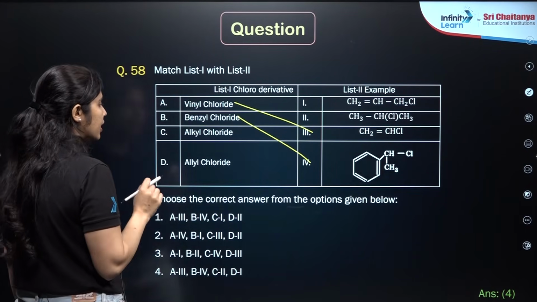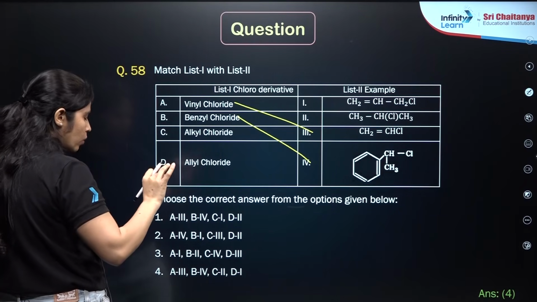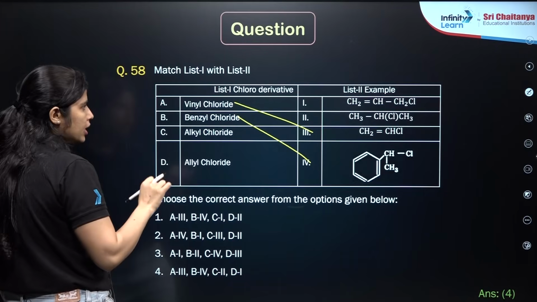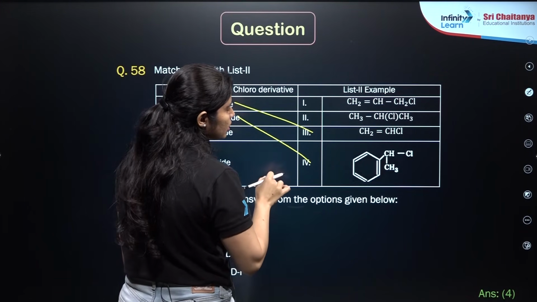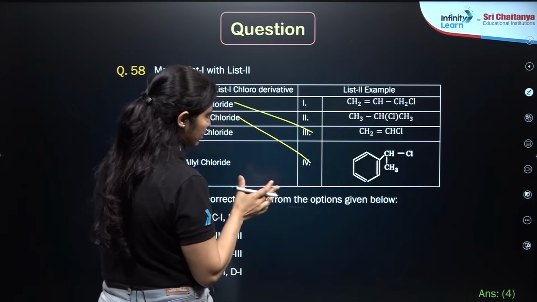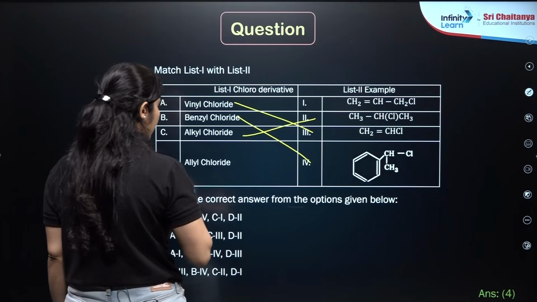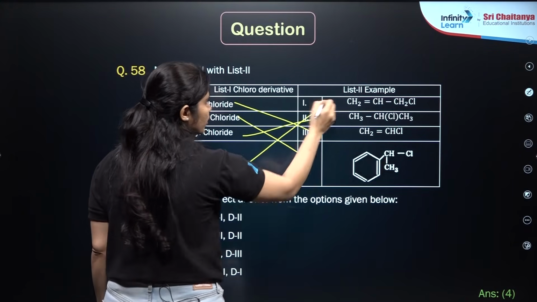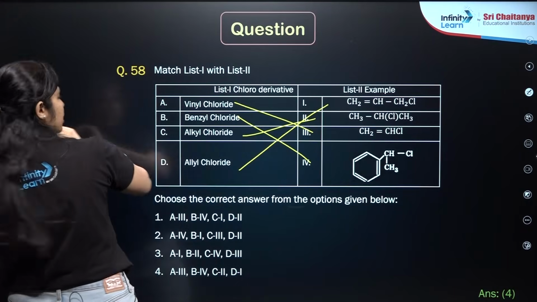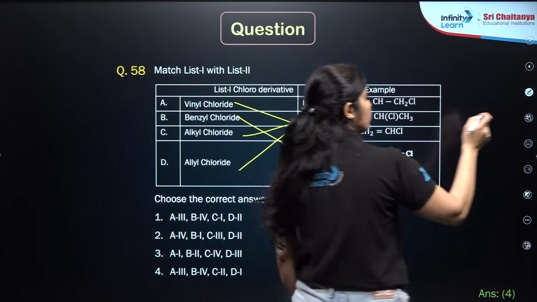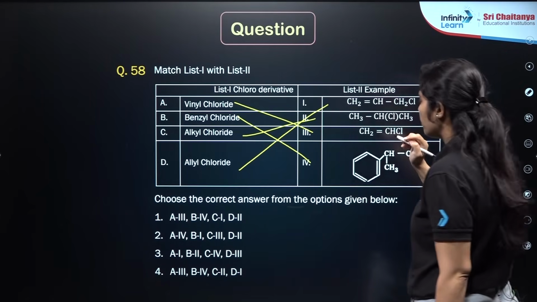Alkyl chloride means a plain simple chain over here. That is going to be 2, and then we have allyl chloride, which is going to be 1. One correction actually: allyl is where we have one carbon atom between the halogen and the double bond.